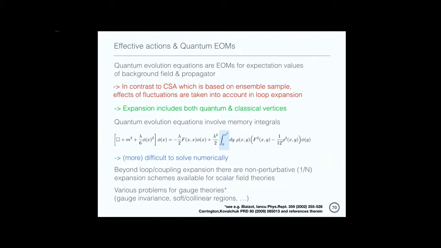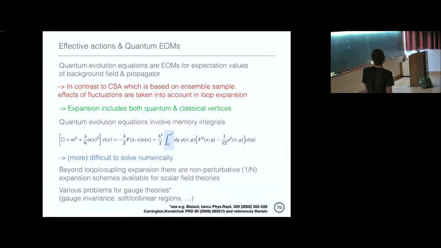Now, where the real power of this actually derives from is that at least in some theories, you actually know how to sum quite a lot of diagrams, okay? Particularly in scalar field theories, there are these very powerful non-perturbative expansion schemes which don't expand in the coupling constant, but in the inverse of the number of field components.